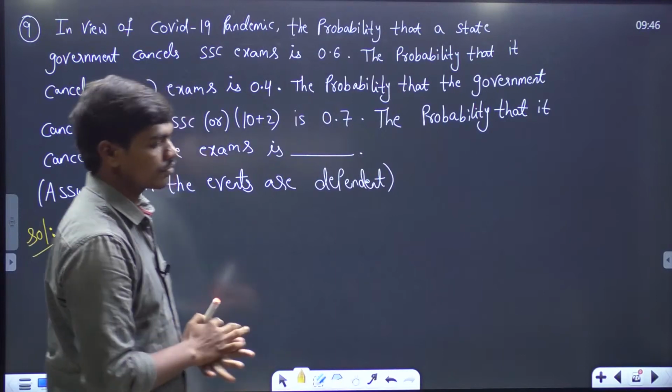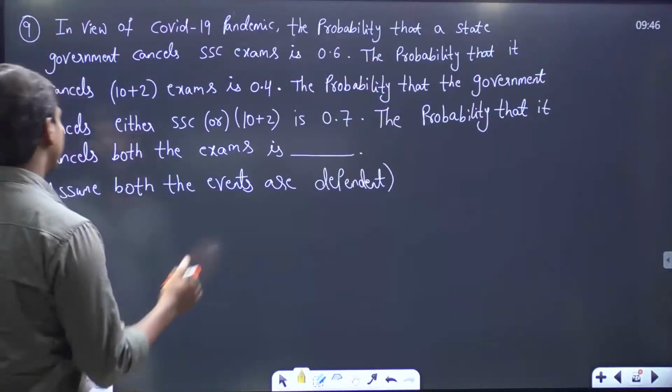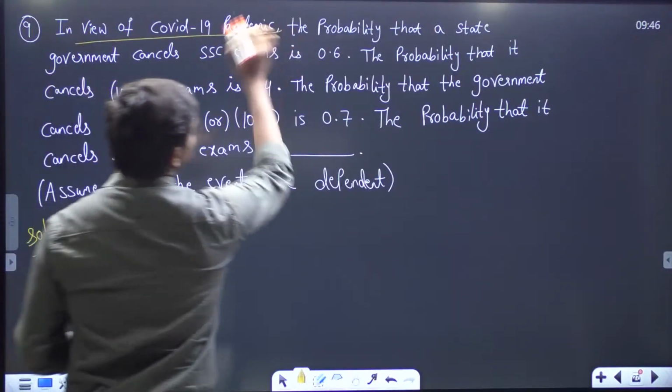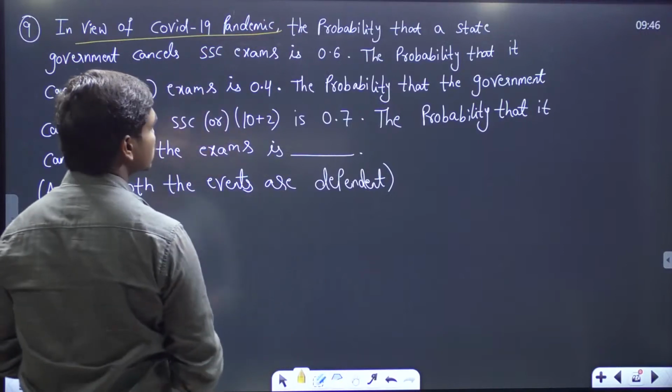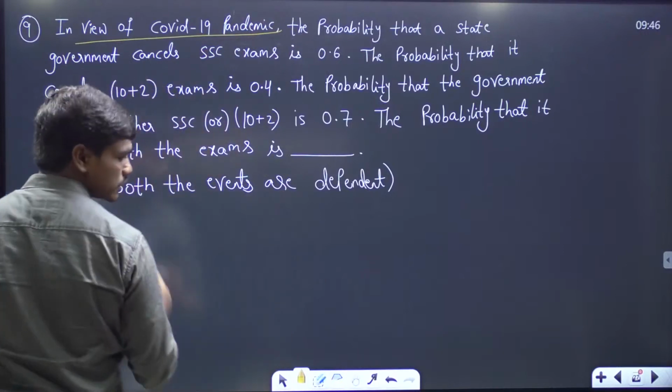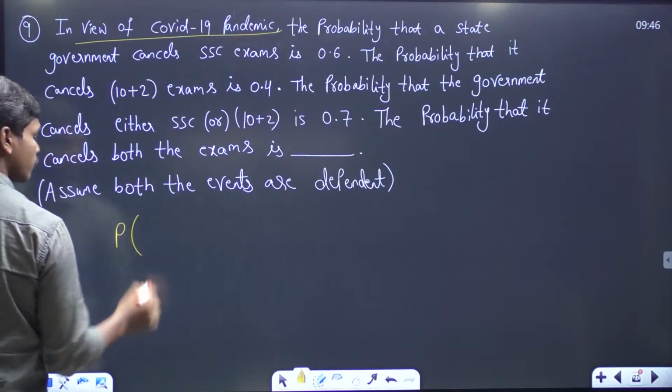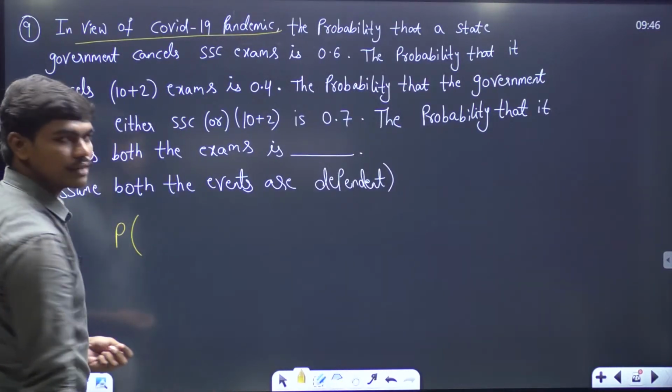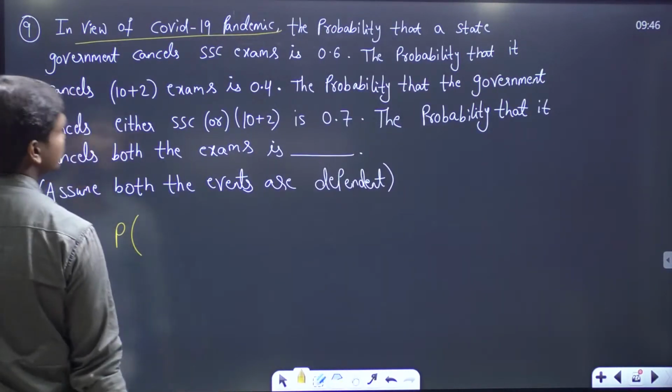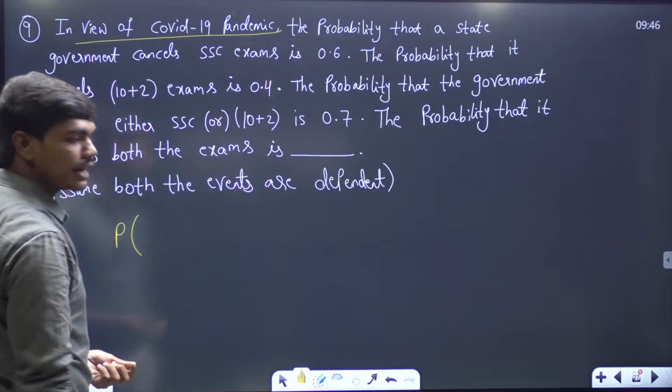Okay, so let us read the question. In view of COVID-19 pandemic, the probability that a state government cancels SSC exams is 0.6, which means probability of already cancelled, but I didn't mention Andhra Pradesh government. Okay, so please, I have mentioned only a state government. I didn't mention your state.